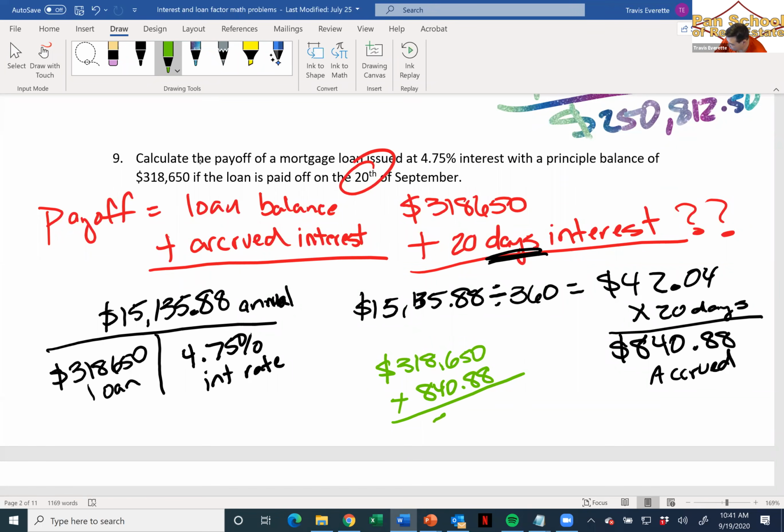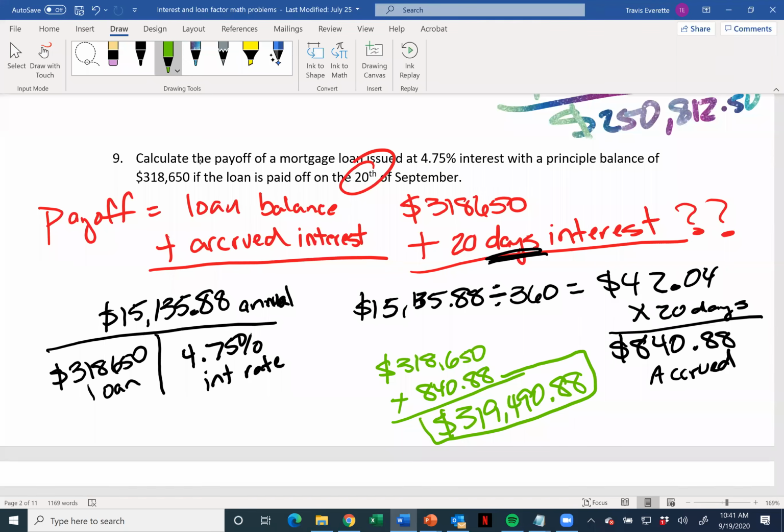That is a payoff of $319,490 and 88 cents. I forgot to add them together. So you got the accrued of 840 and 88 cents? Yes, and just forgot to add it to the 318. Right. Okay. That's the payoff.